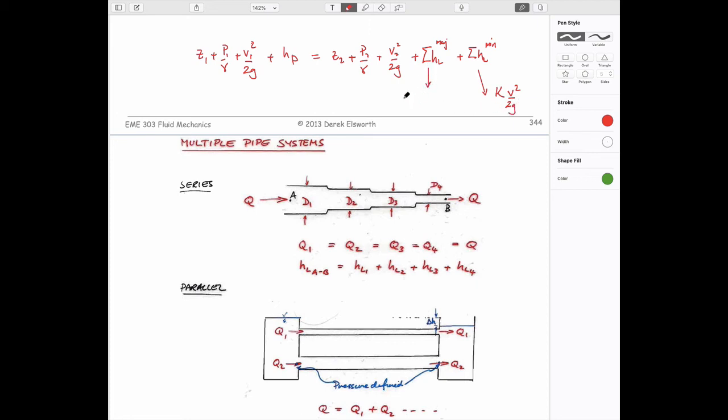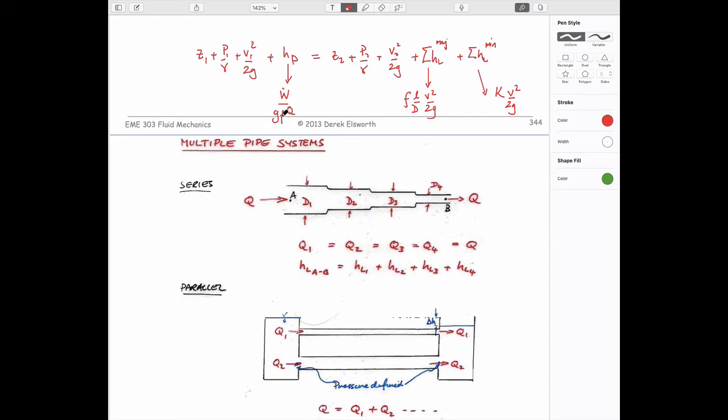The major loss uses an expression which doesn't make any assumption as to whether it's laminar or turbulent, because the friction factor defines that, depending on Reynolds number. And the pump head that we put in the system is the power in the pump divided by gravity and the mass flow rate, which is density times volumetric flow rate.